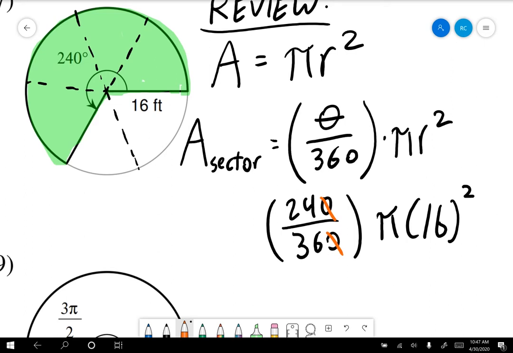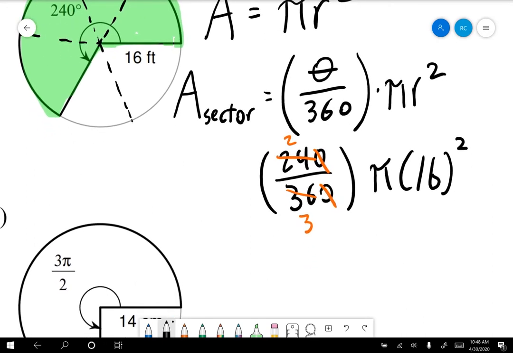No, not 8. 12. They're both divisible by 12. So we do indeed get 2/3. 16 squared is 256.